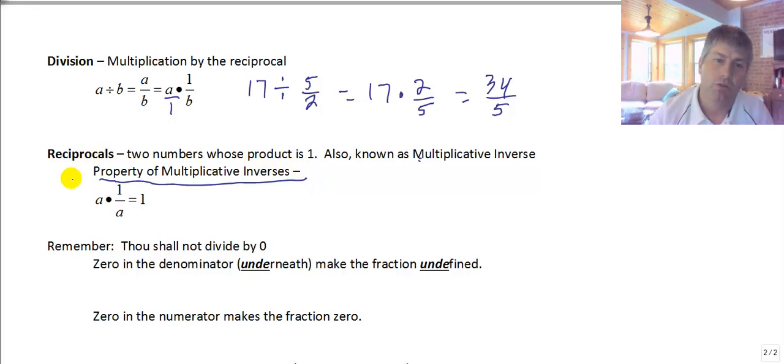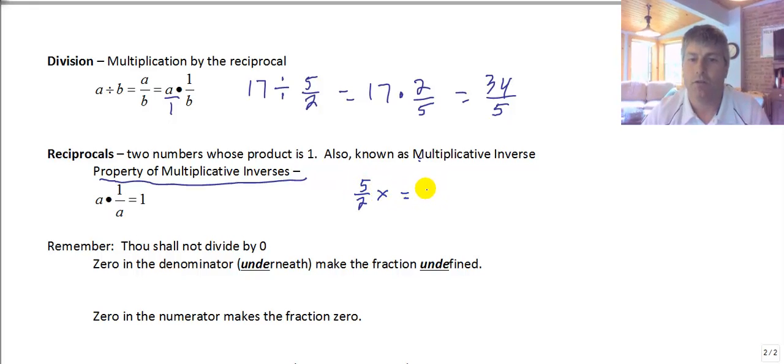And we use this multiplicative inverse all the time in algebra in solving algebraic equations. If we had something like 5 halves x equals 11, guys that have done algebra already would know that we can multiply both sides by 2/5, because 2/5 times 5 halves is 1.